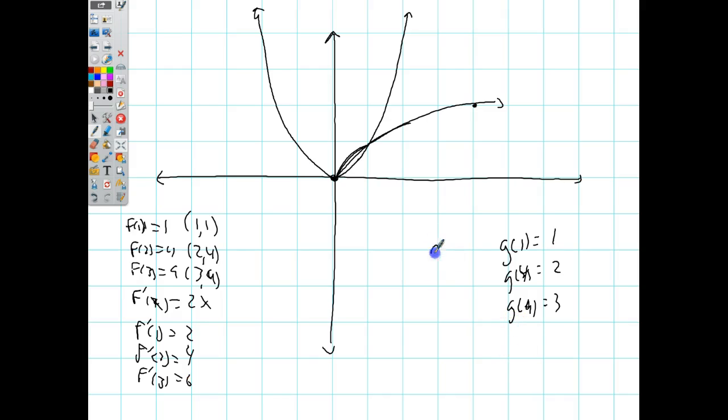The derivative of the square root of x would be what? 1 over 2 root x, agreed? So our derivative at 1 would be 1/2. And our derivative at 4 would be 1/4. And our derivative at 9 would be 1/6.